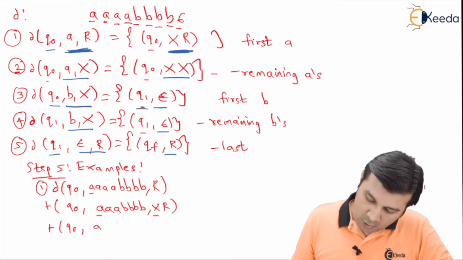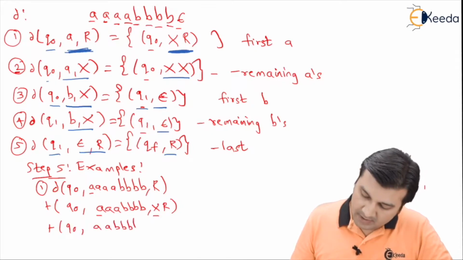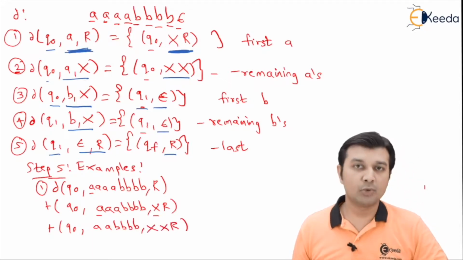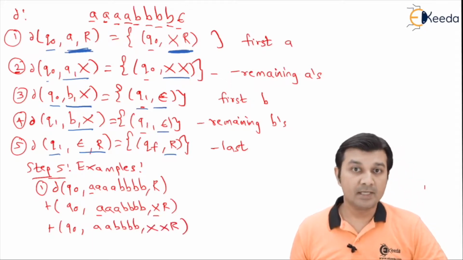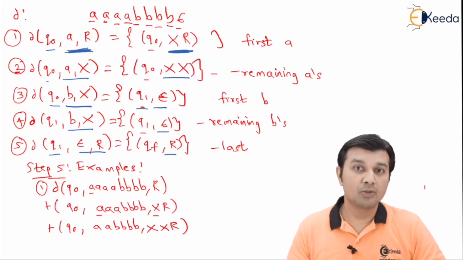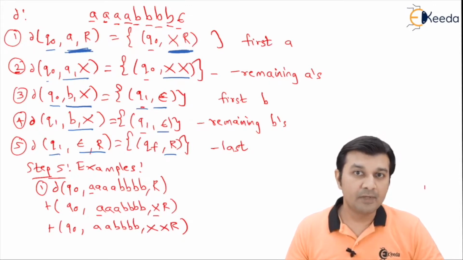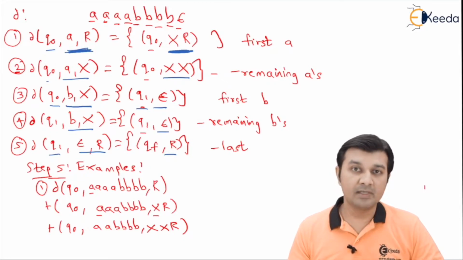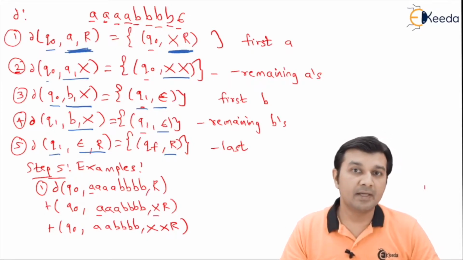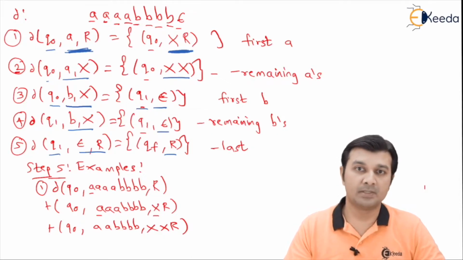You have only 2A's followed by all the B's, and above this XR, one more X is going to be pushed. Now friends, here we are going to show the entire representation because we are now solving an example. Previously in step 3, we were doing the implementation function, and therefore we only had to show what was pushed above what. Here we have to write the entire string of push and pop operations.